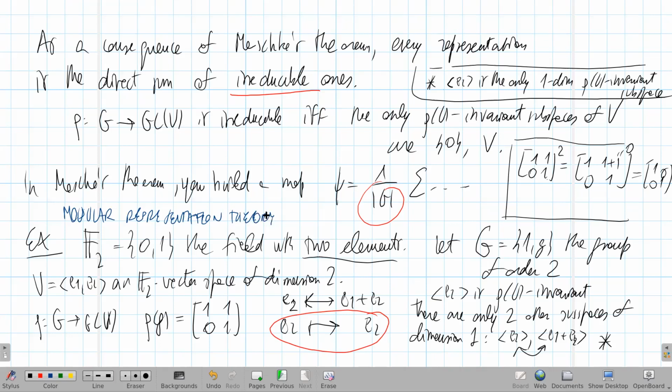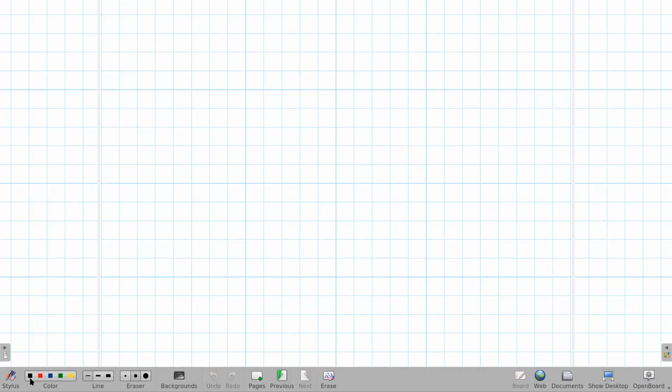Okay, I'll rewrite it on the next page. Modular representation theory deals with representations over fields in which the characteristic divides the order of the group. Let's write this on the next page.